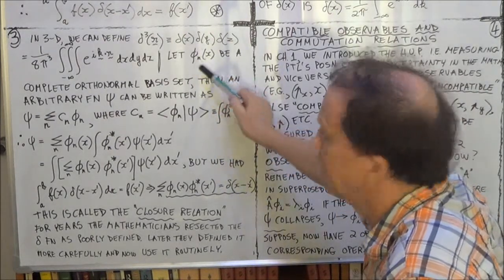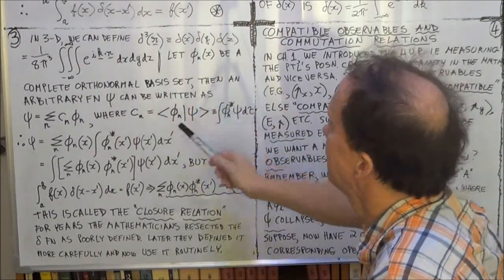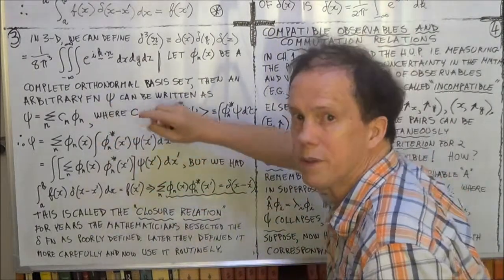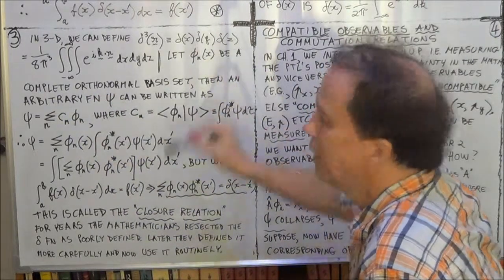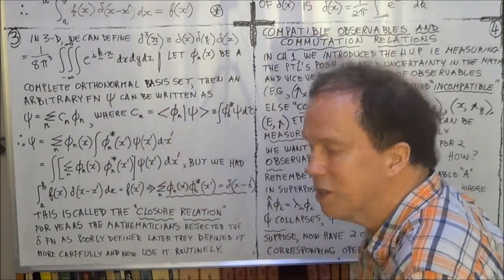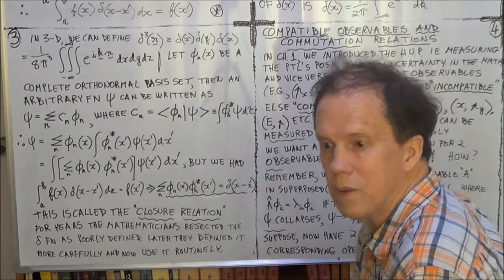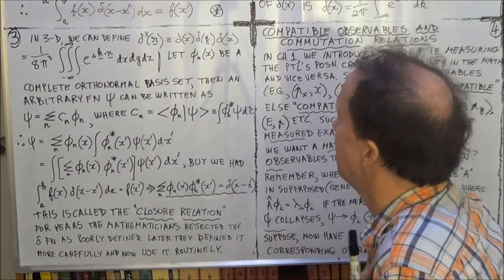So let these phi's, plural, be a basis set. Let them be orthonormal, right? So we've talked about this quite a bit. And complete, in the sense there's enough of them such that any function of x can be written as a weighted sum of these basis functions.